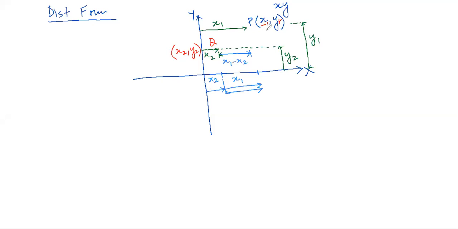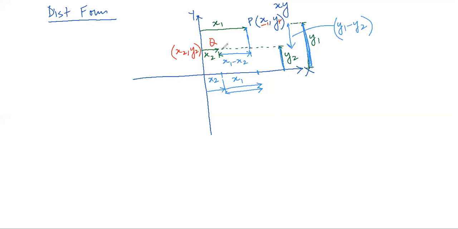Similarly, this total distance is y1, the vertical distance, and this distance is y2. So what will be this distance? This distance is basically the vertical distance between 2 points, and this will be y1 minus y2. Right?